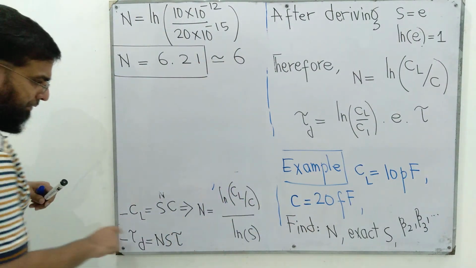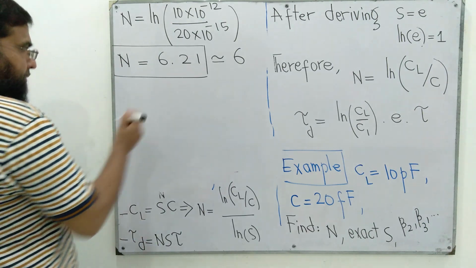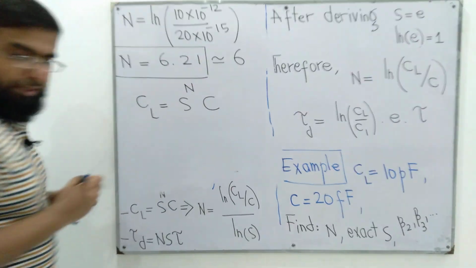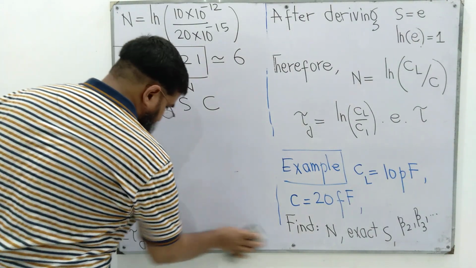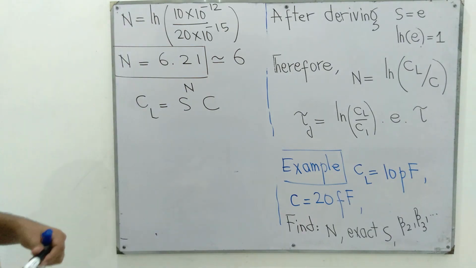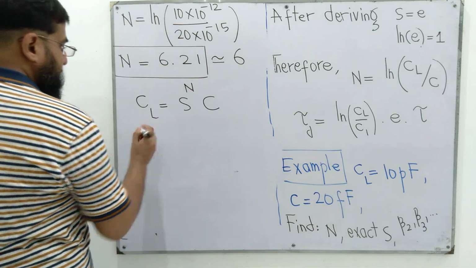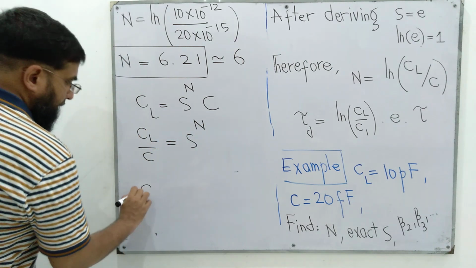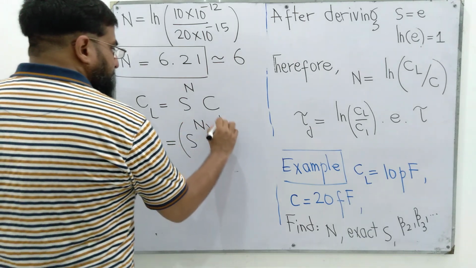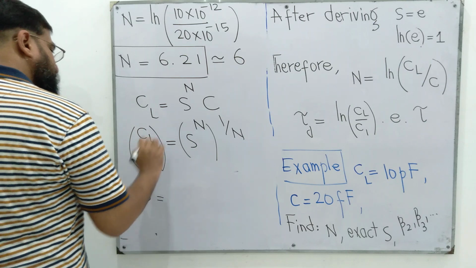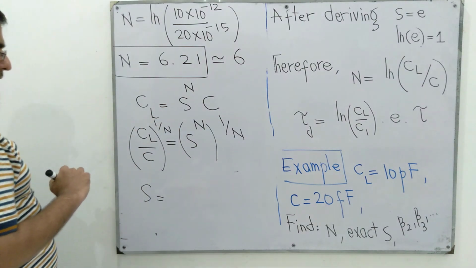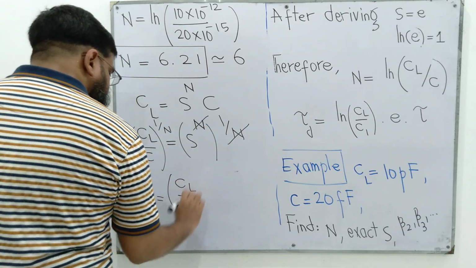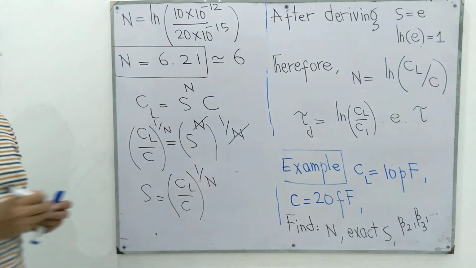How to compute the exact value of s? From the expression we wrote in our last lecture, CL is s to the n times C, we can rewrite this to find the exact value of s. CL over C is s to the n, and taking the nth root on both sides, s is CL over C to the 1 over n.